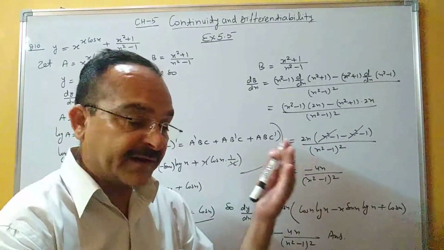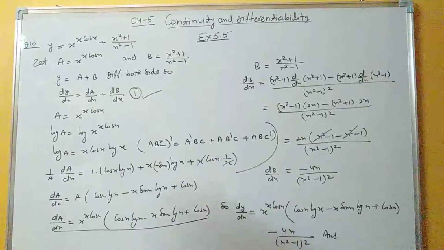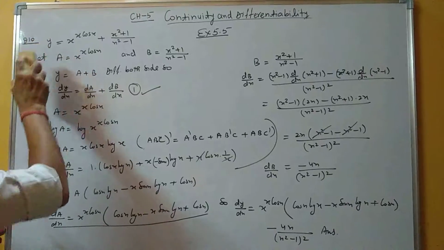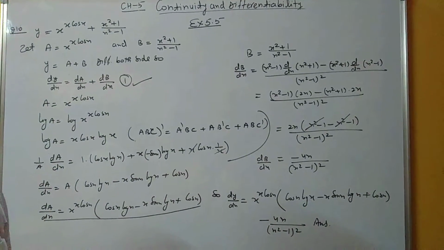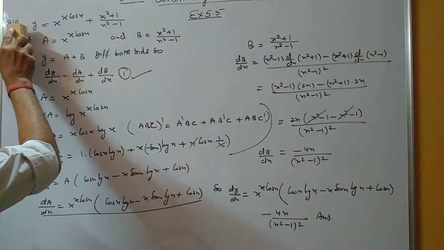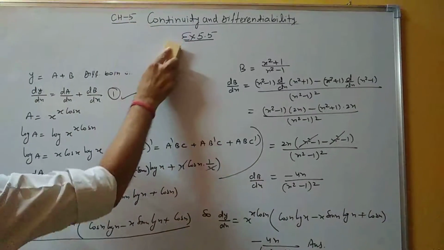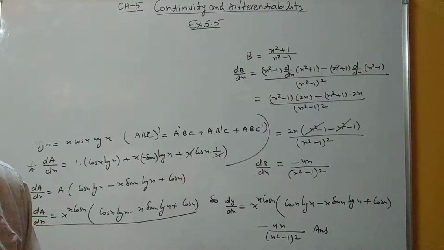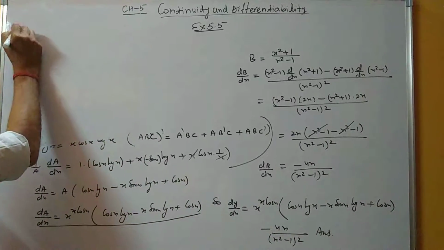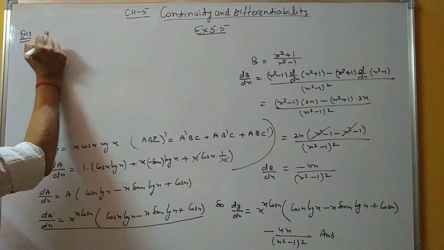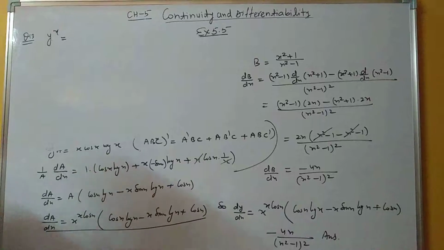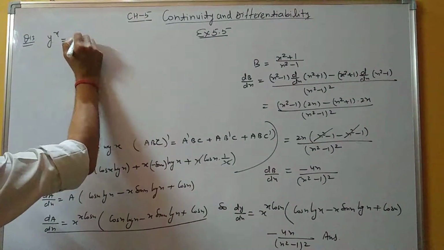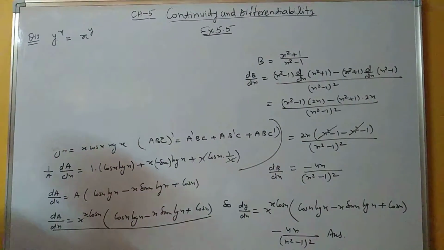Now the second exercise, second type. Second type is question number 12 to 15, and from question number 12 to 15, I am taking question number 13. Question number 13 is y to the power x is equal to x to the power y.